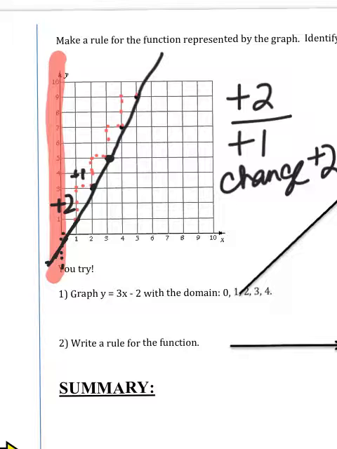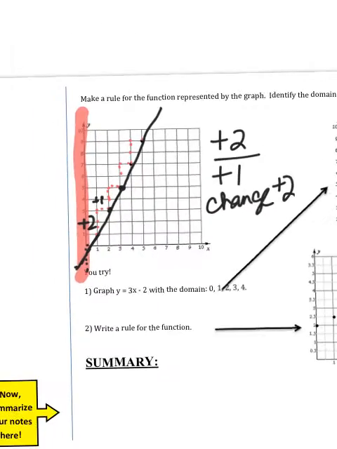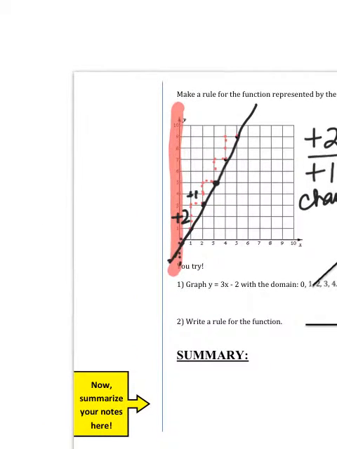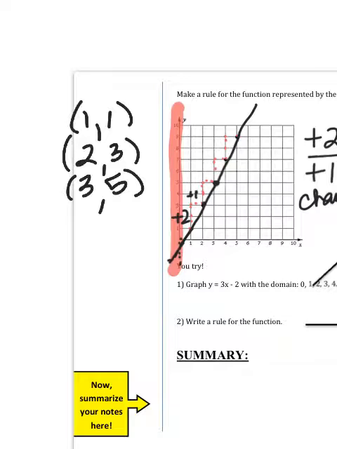So if I know that every time I increase, so let's write down the points that we have here. Let's see, we've got 1, 1. We have 2, 3. We have 3, 5. And we have 4, 7. We can stop there. Okay?